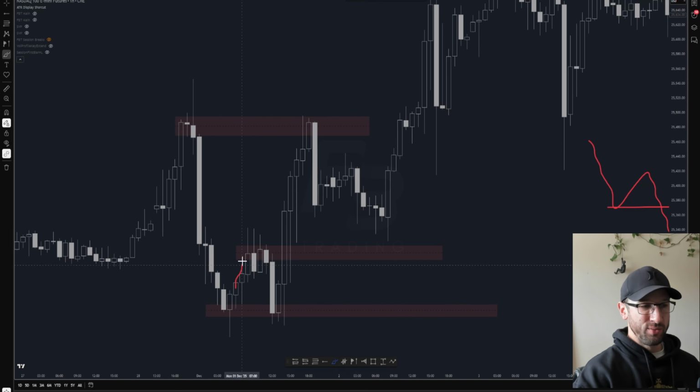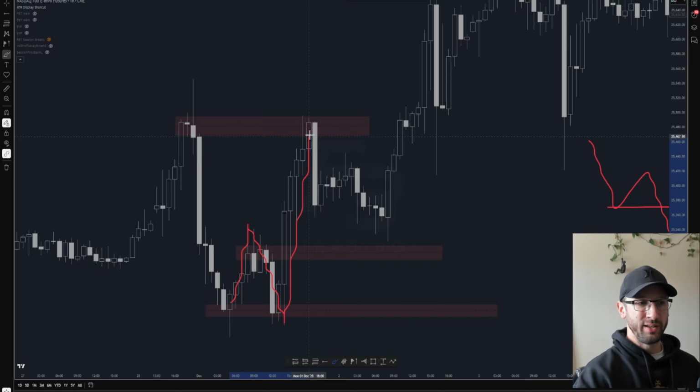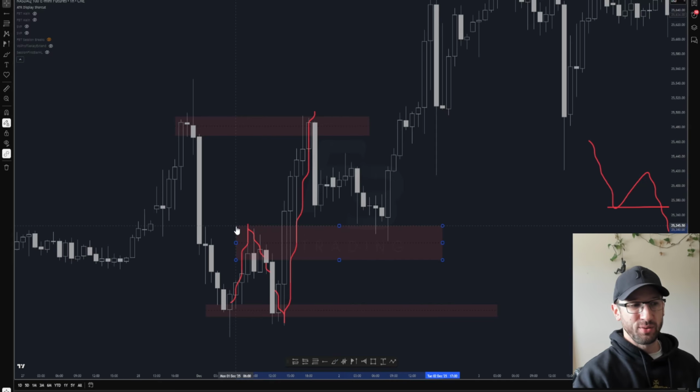But if you're studying the material from me, we know wicks have meaning. Price comes up, pushes down from here, and then pushes up from here. So that might mean you need to increase your support and resistance box a little greater, because look, price comes down, taps into the box, folds over and starts heading bullish.